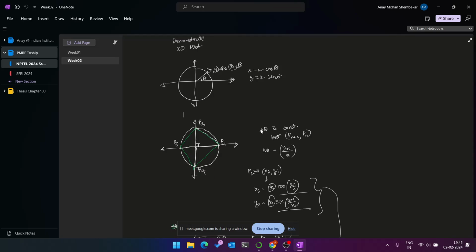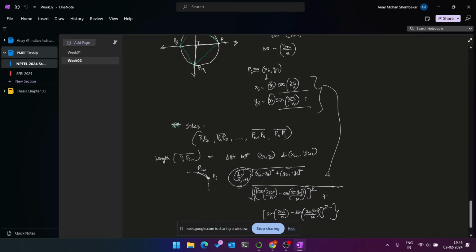So xi becomes cos of i times 2 pi by n, and yi becomes sin of i times 2 pi by n. So this is basically our point Pi for our problem, and x and y coordinates, to quickly recap, simply come from the polar coordinate equation.